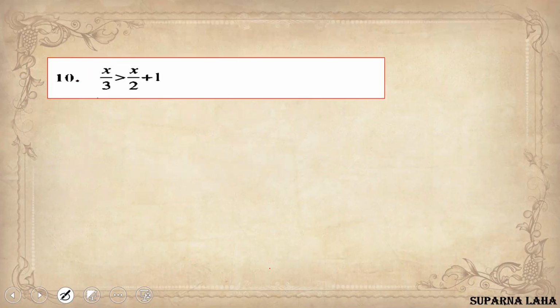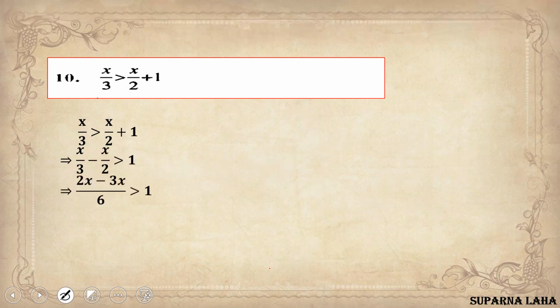Question number 10: x by 3 greater than x by 2 plus 1. Same again, take the terms with the variable into one side and the values into the other side. So x by 3 minus x by 2 greater than 1. Now take the LCM, 6. So 2x minus 3x by 6 greater than 1.